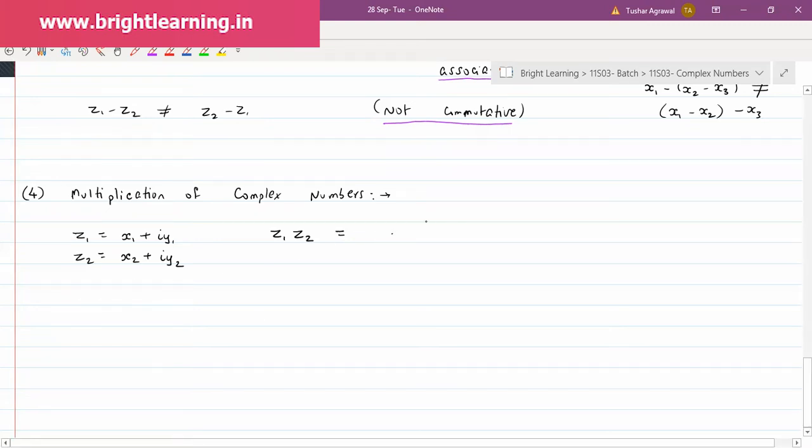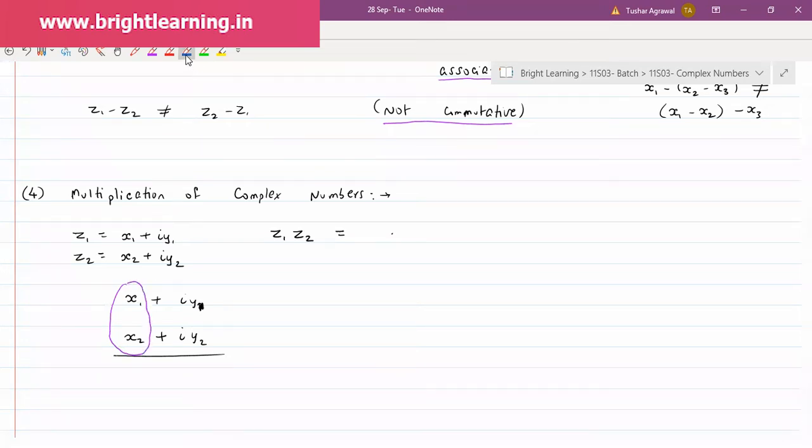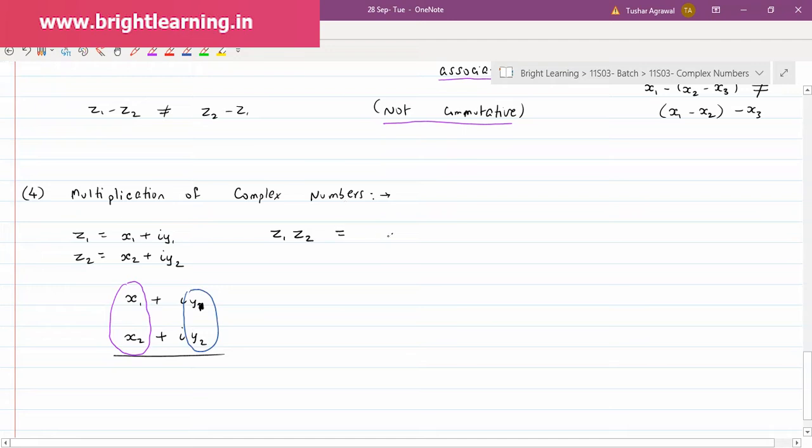So you could have defined it, let's say one number is x1 plus I y1 and the other number is x2 plus I times y2. So the easiest definition would be what? Define the multiplication as x1 multiplied by x2 plus I times y1 multiplied by y2.